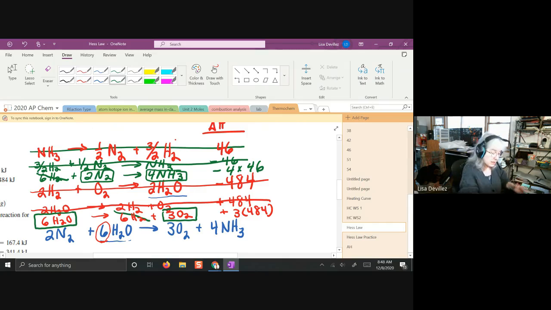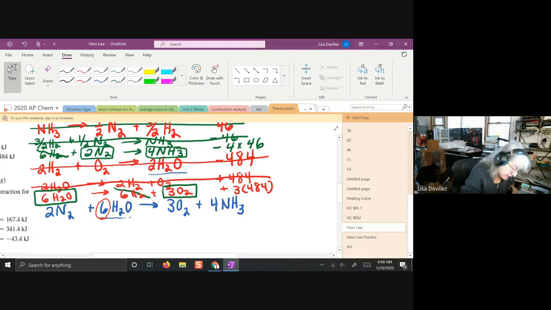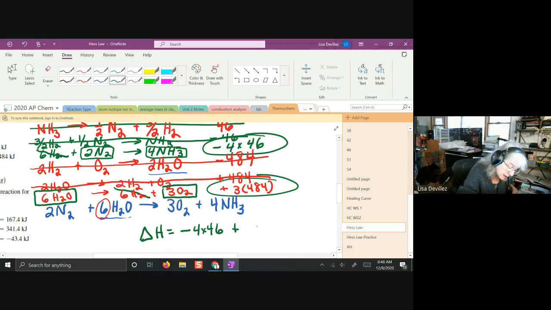So now the only thing left when I add these together is 6H2O plus 2N2 yields 4NH3 plus 3O2. And so if the equations add together, then I can add their delta H's. So my delta H is gonna be negative 4 times 46 plus 3 times 484.